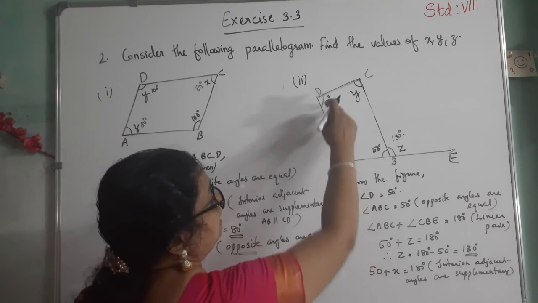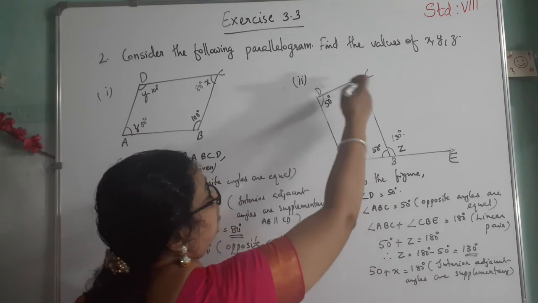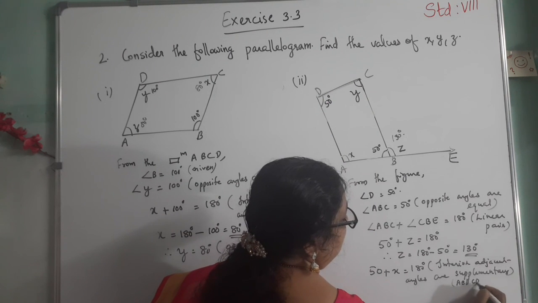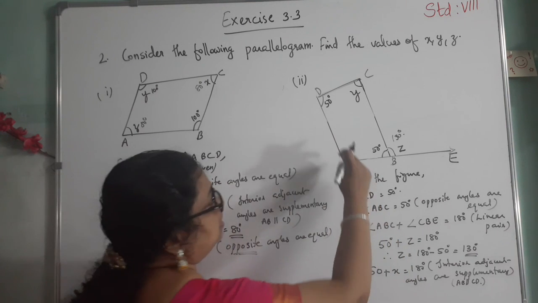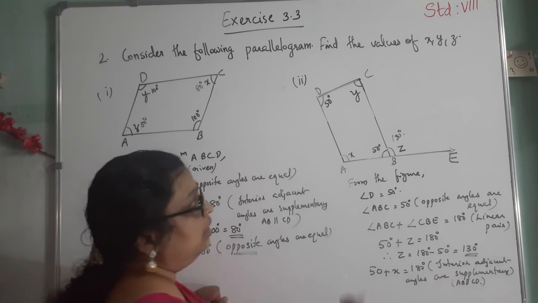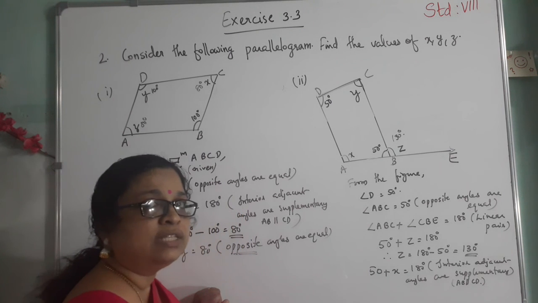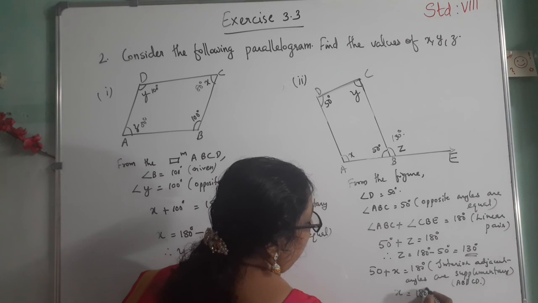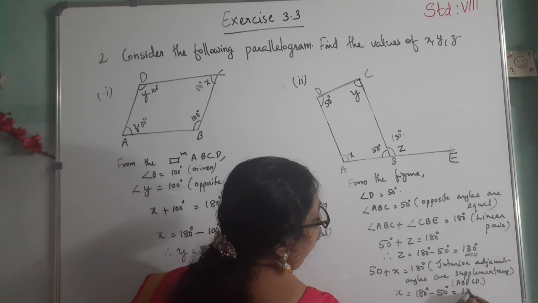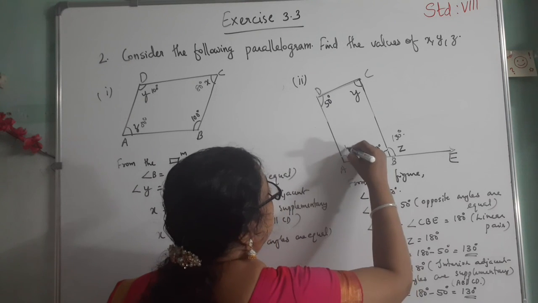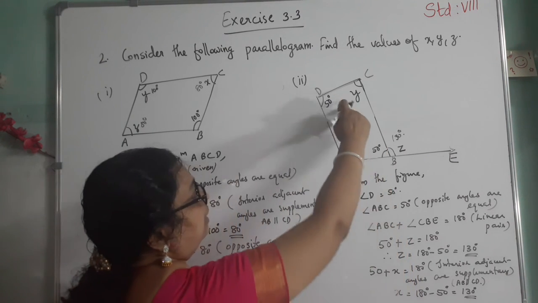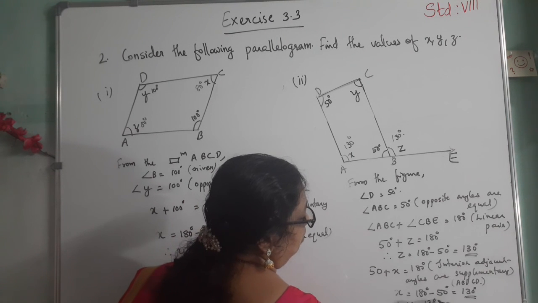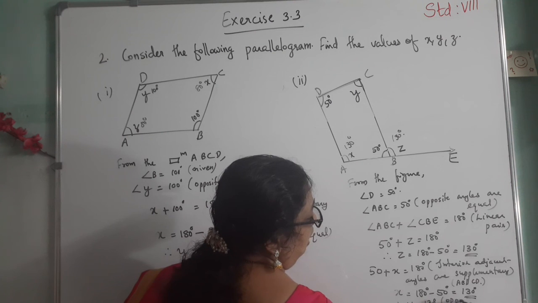AB is parallel to CD and AD is the transversal. Then x and 50 are the interior adjacent angles, so the sum is 180 degrees. So x equals 180 minus 50, which is 130 degrees. Therefore y equals 130 degrees, because opposite angles are equal.